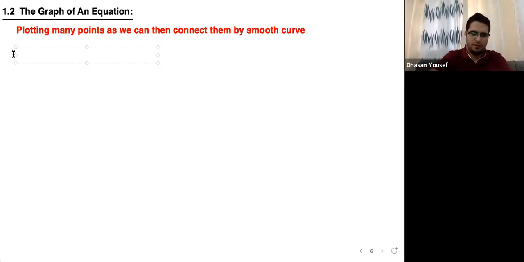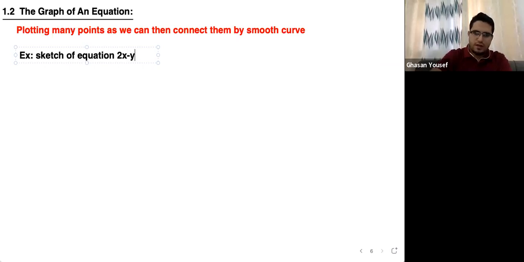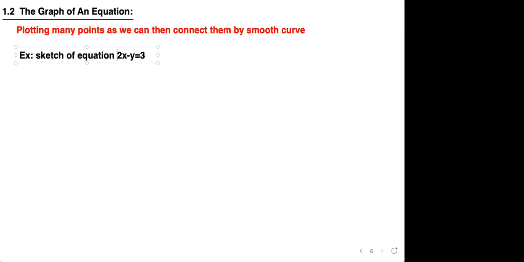Example 1: sketch the graph of the equation 2x minus y equals 3.